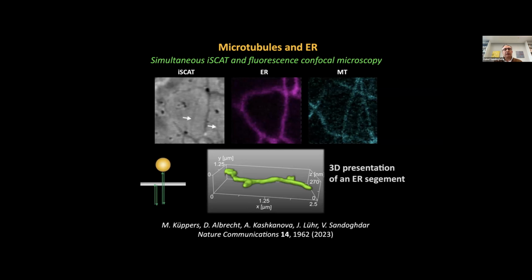That has to do with the fact that when a structure or nanoparticle changes its height, you end up having a phase change, and that phase change is encoded in the contrast, and therefore you can extract your three-dimensional structure. So here is an example of a part of this ER that you can see here in 2D. We can also visualize that in 3D.